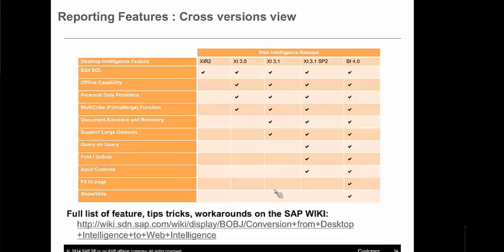And as I said before, 99% parity today. And for a full list of what is available in Desktop Intelligence and what is available in BI 4.1, tips and tricks and workarounds for those features that are not available, or how you can overcome issues, can be found on the link as provided in this slide.